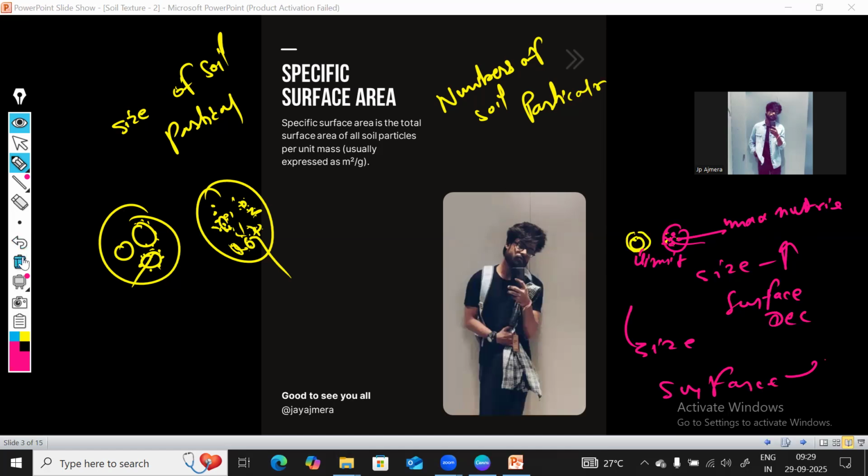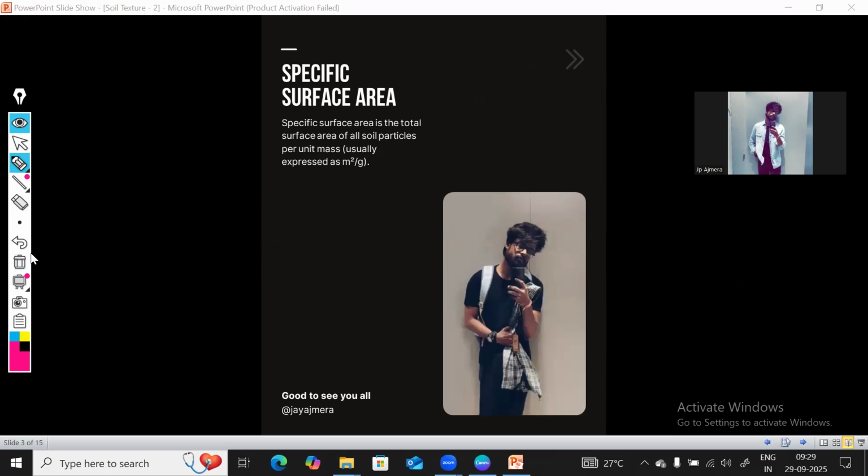It provides a larger surface area for chemical reactions. What is surface area? Surface area is the area of the surface of soil particles. But it's not only about one particle, it talks about the group.